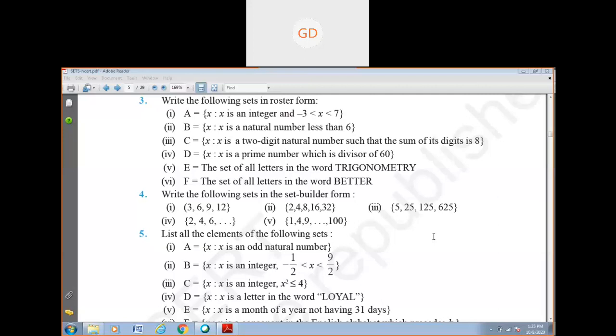Can anybody say if you have written? If somebody has written, can you respond? Have you written, anybody?